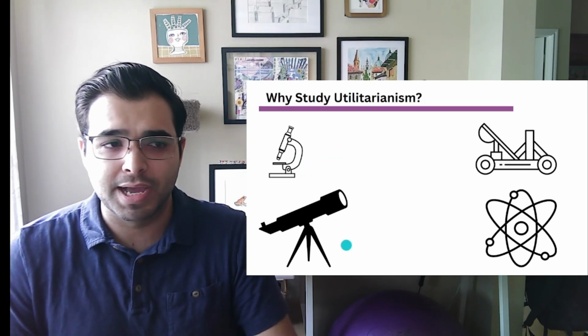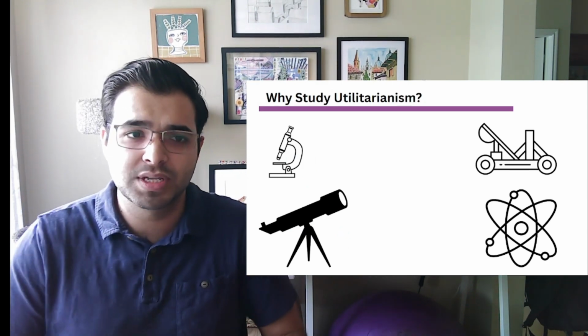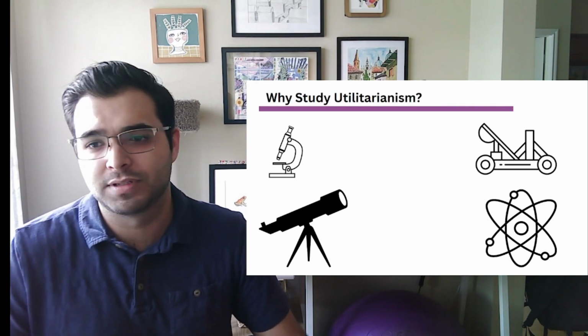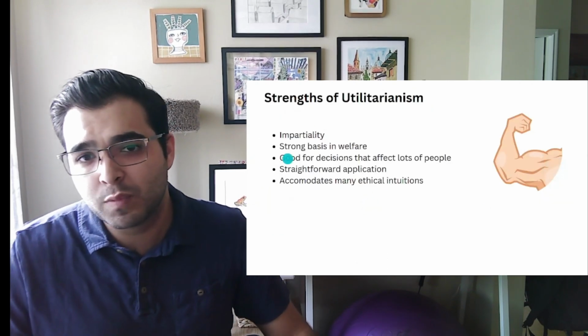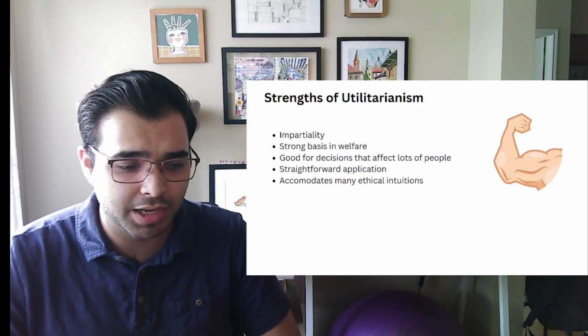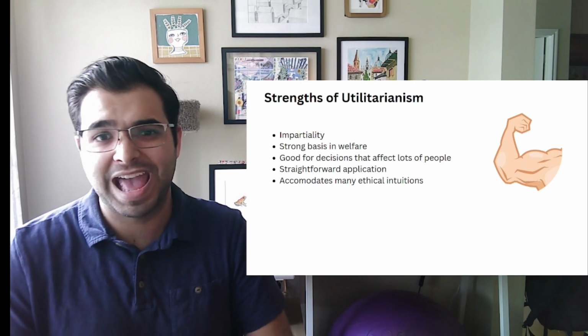And vice versa applies. So I think of these various moral theories as different tools that apply and provide ethical insight in various different situations, right? When we talked about these strengths, when it comes to decisions that affect lots of people, maybe this is the kind of scenario where utilitarianism is particularly applicable, right?